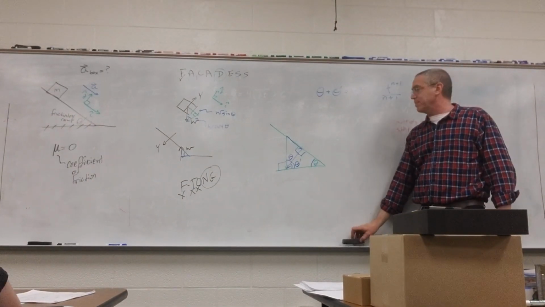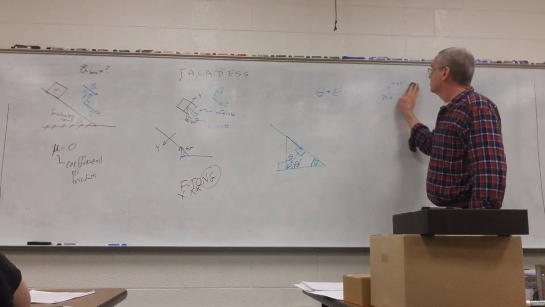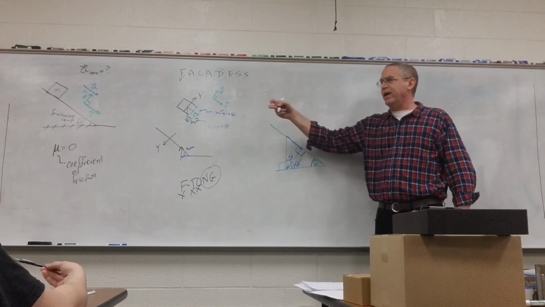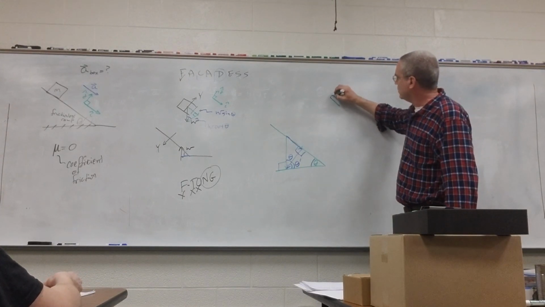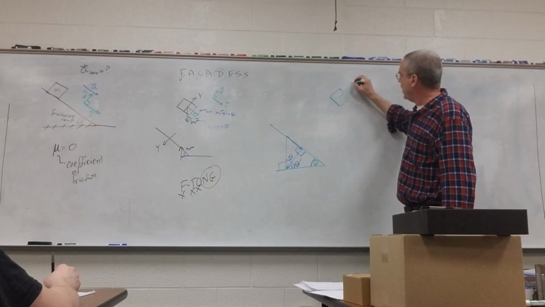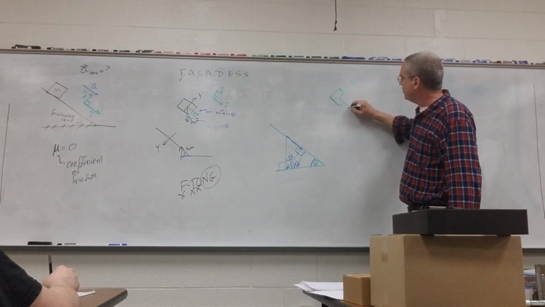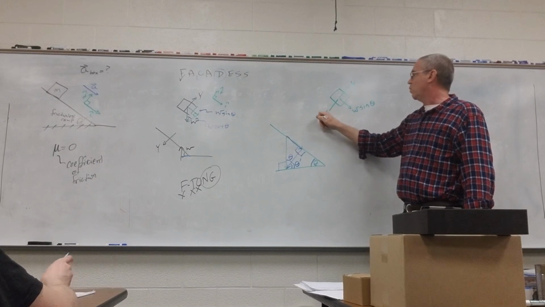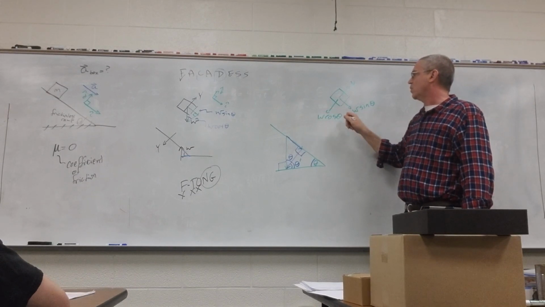So I'm making the claim that my force diagram with the two black arrows there is the equivalent to the following force diagram. I have y going this way. I have the weight times the sine of theta going down the ramp, weight times the cosine of theta going into the ramp.